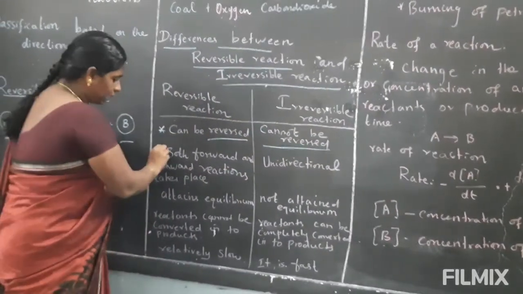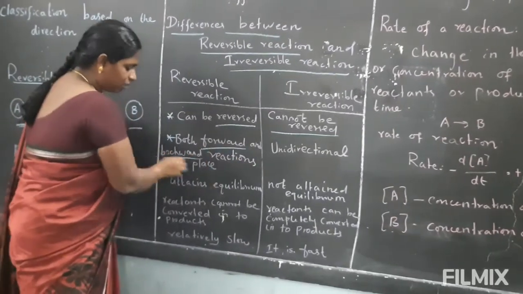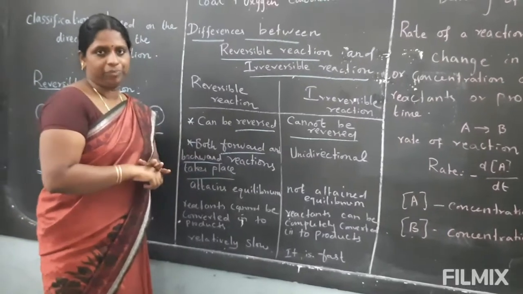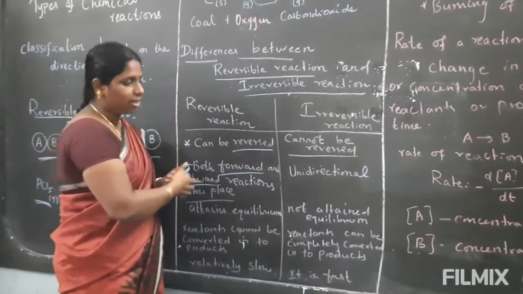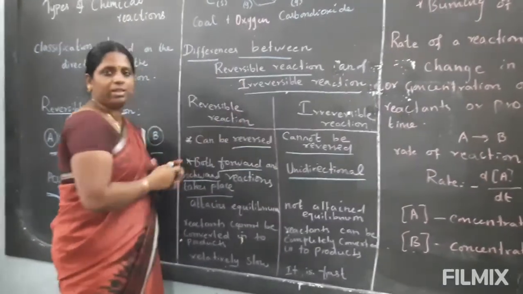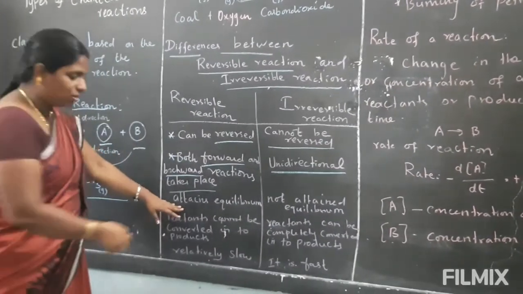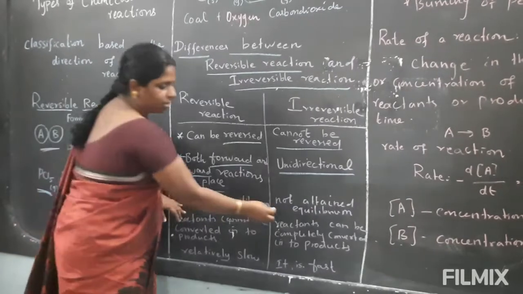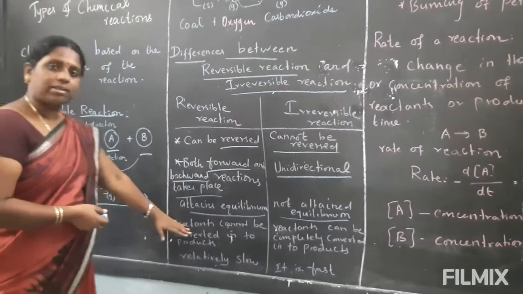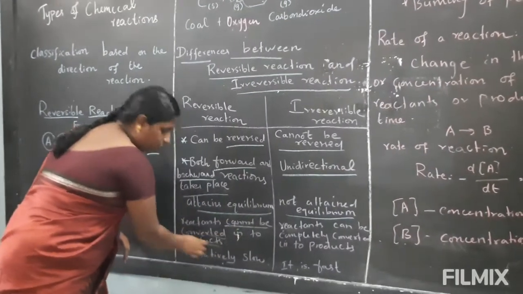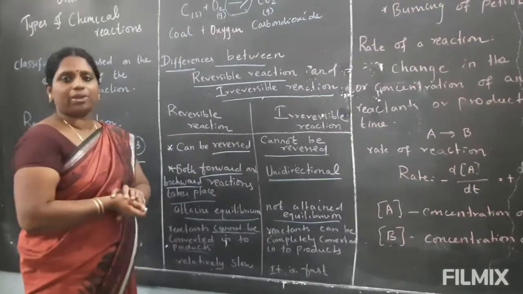Second, both the forward and backward directions take place simultaneously in a reversible reaction, but only one direction takes place in an irreversible reaction. A reversible reaction attains equilibrium at a stage, but an irreversible reaction does not attain equilibrium. In an irreversible reaction, the product cannot be converted back into reactant.